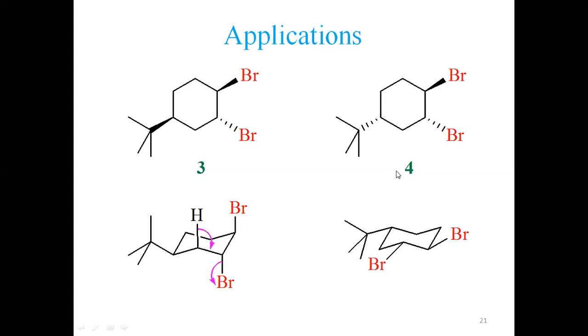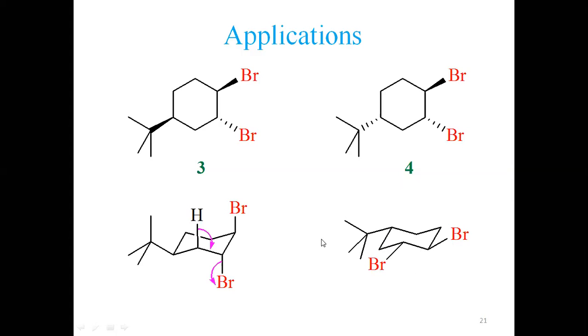Now look at here. If this group is behind the plane, we cannot draw it again axial. So that's why I have presented this equatorial position again. And the other two, this bromine is behind the plane, this bromine is above the plane. Now these bromines are not at axial position. They shall not undergo elimination, because if this cyclohexane flips, then this bromine shall go to axial position.